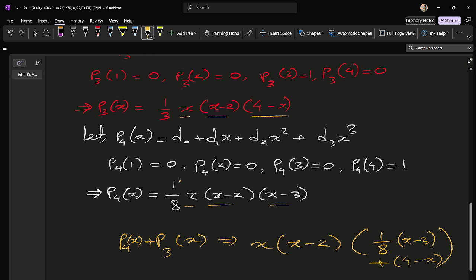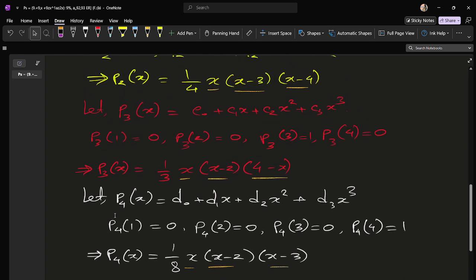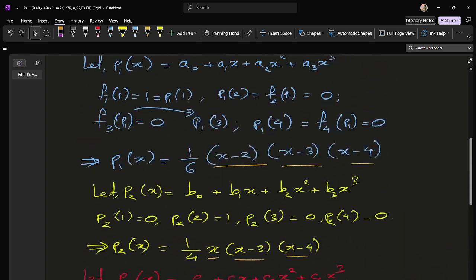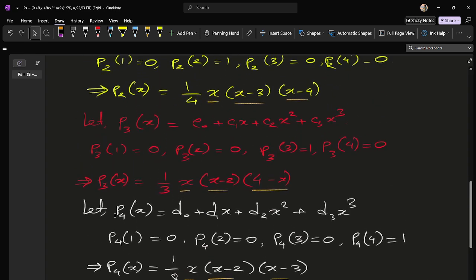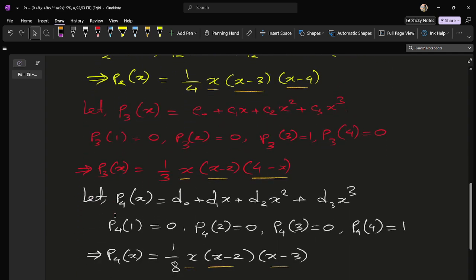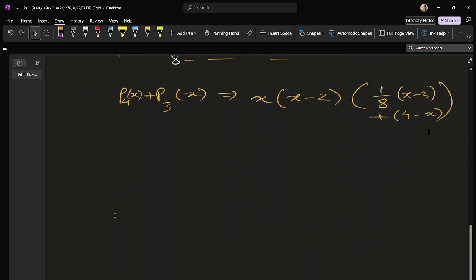If we take the minus, then we can say that this can be a basis of a vector space, because p1, p2, p3 and p4 are all linearly independent.